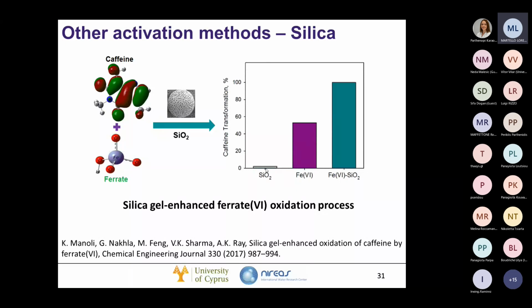Here we use silica, which is a solid material, and we could achieve enhancement in the degradation of this model compound, which again was caffeine. Silica alone could not remove caffeine. Iron 6 could partially oxidize caffeine, and in the presence of silica, we could see a catalytic reaction resulting in almost complete removal of caffeine.